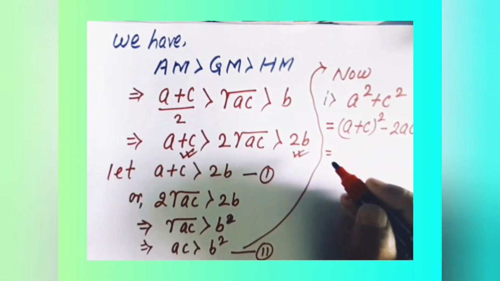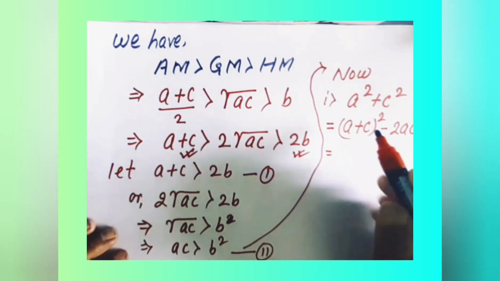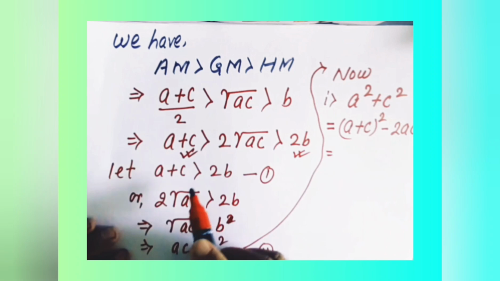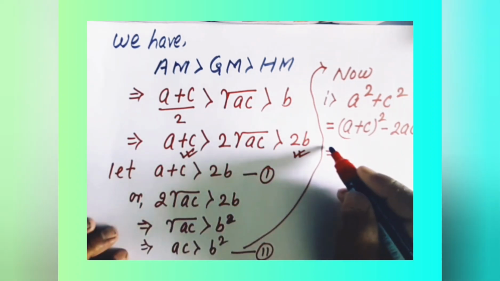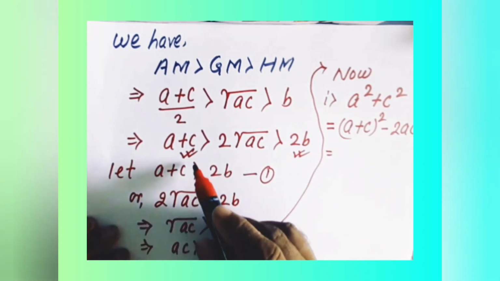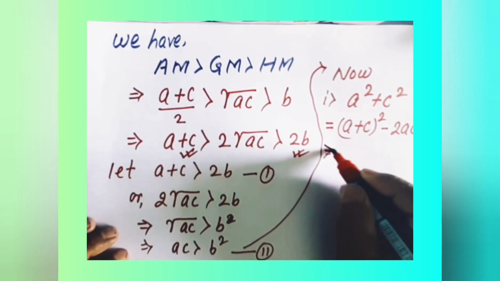Now putting the value of A plus C is greater than 2B here, substituting the value of A plus C and AC, then this means greater than this.